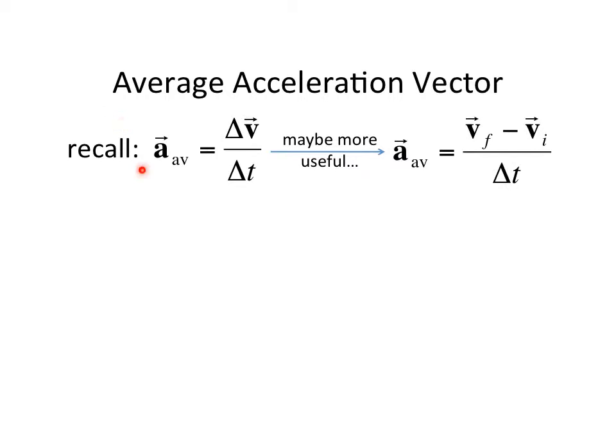And as you probably recall, average acceleration over a certain period of time equals, I'm just going to write what's right up above there, our change in velocity over our change in time.